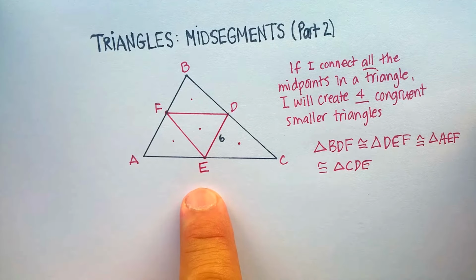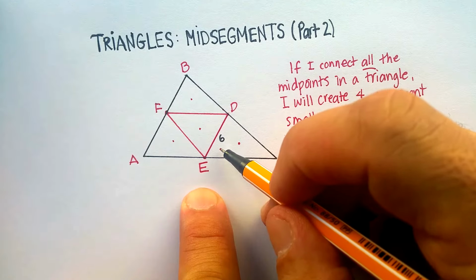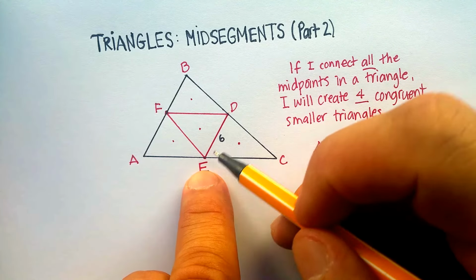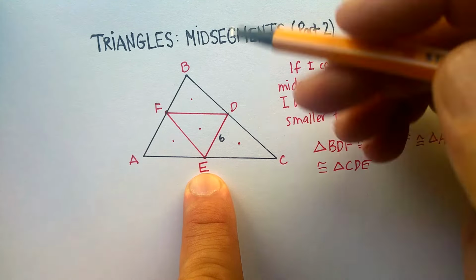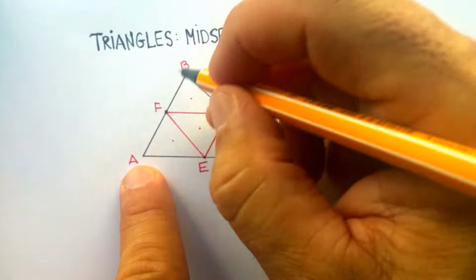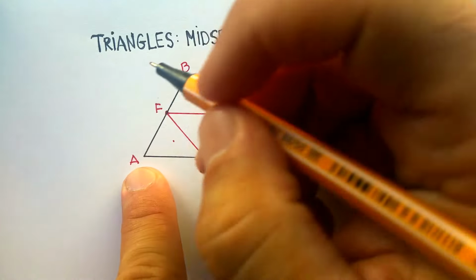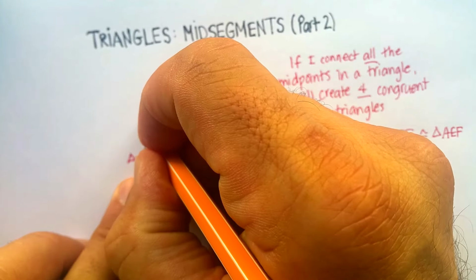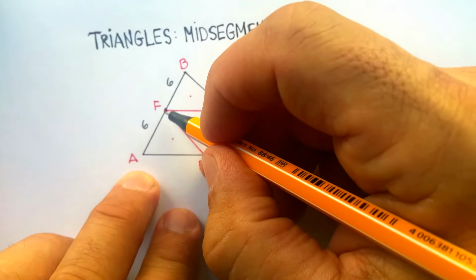Now, if I happen to know one of the sides of this particular triangle, for example, that this side here was 12, remember we said that from the previous video, then I can assume that this side is 6 and this side is 6, because I know that's the midpoint.